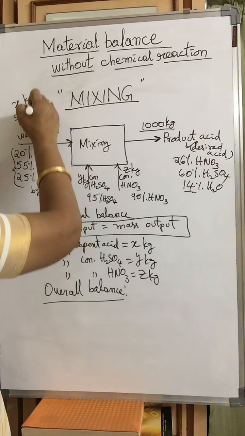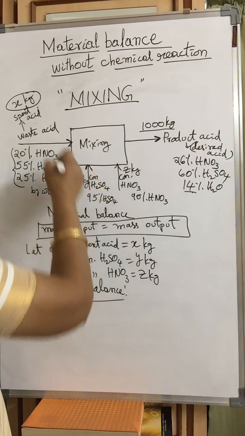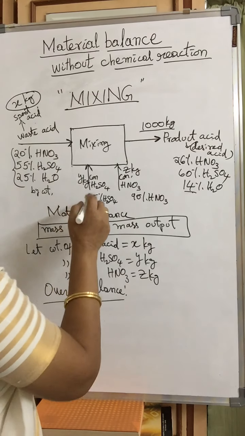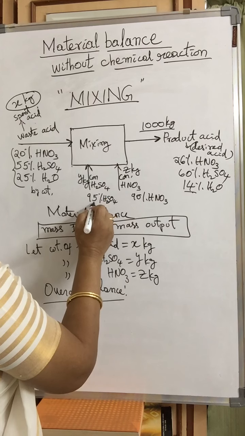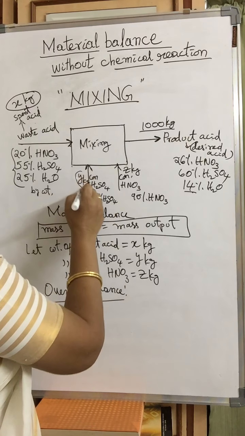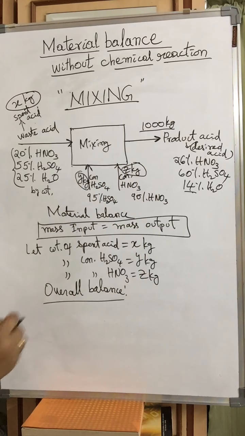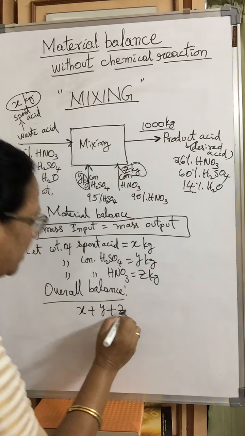Here the total spent acid entering is x kg. This x kg includes all 3 components. And here y kg of concentrated H2SO4, the remaining being water. So y kg is total entering, and here z kg total is entering. So the overall balance is x plus y plus z.